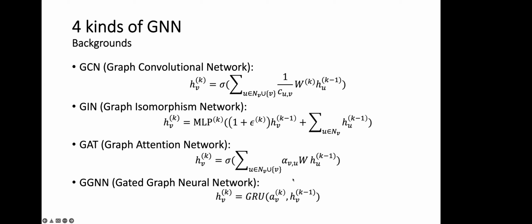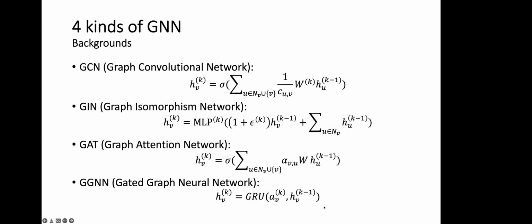It uses the attention mechanism to say which neighboring nodes are more important to the target node itself. And then the fourth kind of GNN is called gated graph neural network. It uses a GRU, a gated recurrent unit, to process the messages.